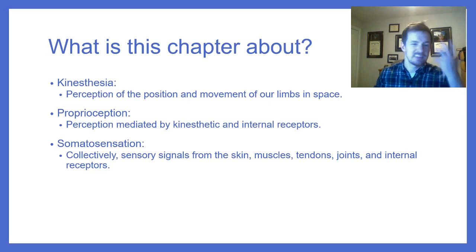Proprioception, I think of these as things like hunger. So hunger or being tired, that kind of internal state, and recognizing that's proprioception. And finally, somatosensation is most of what we're going to be talking about this chapter. It's being able to pick up things, move around, grab things, understand when things are touching us, things like that.